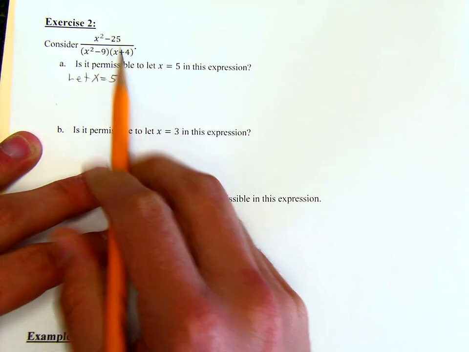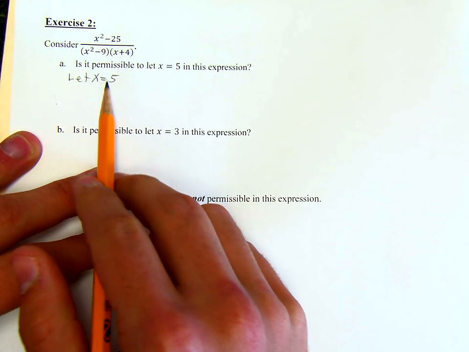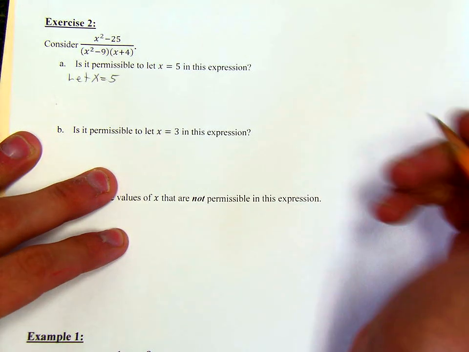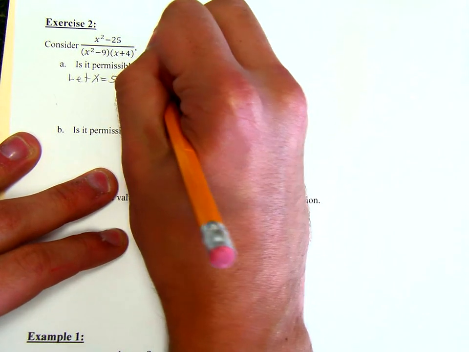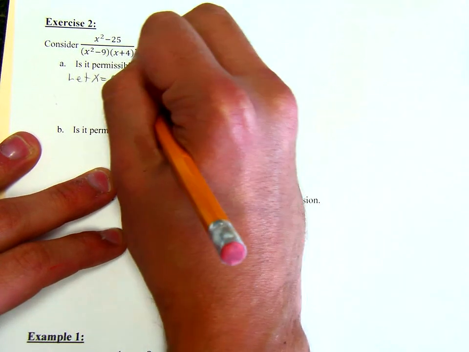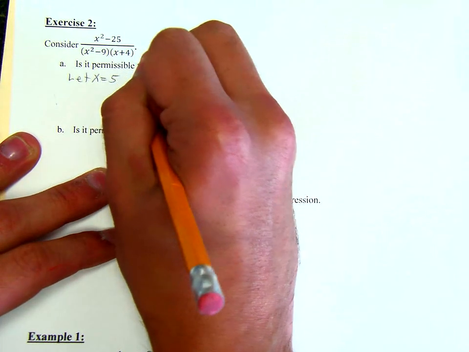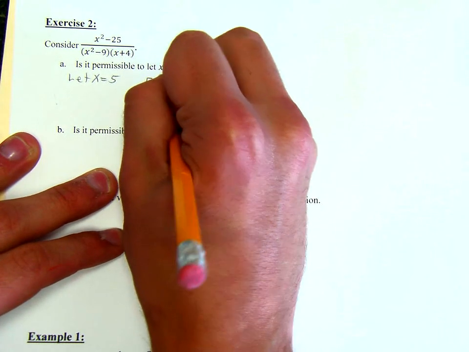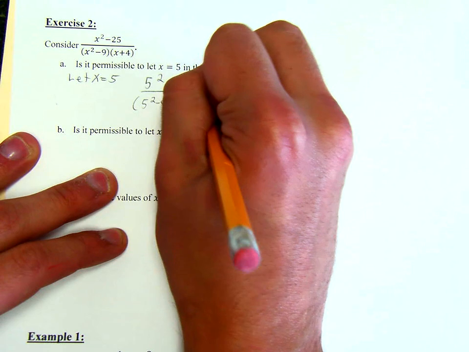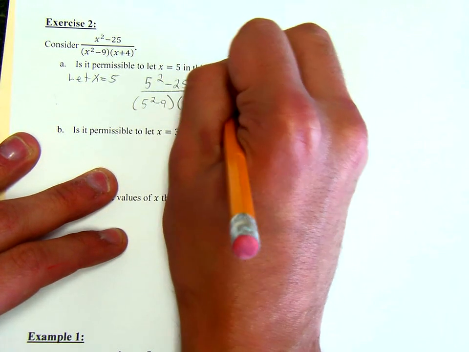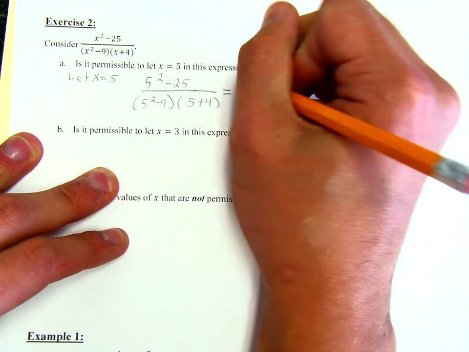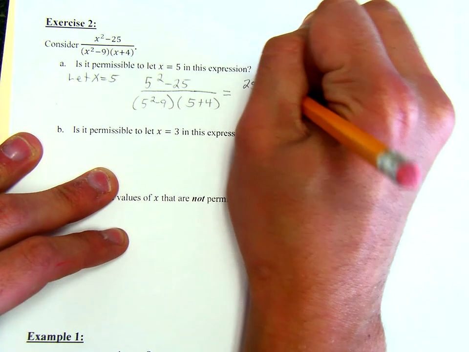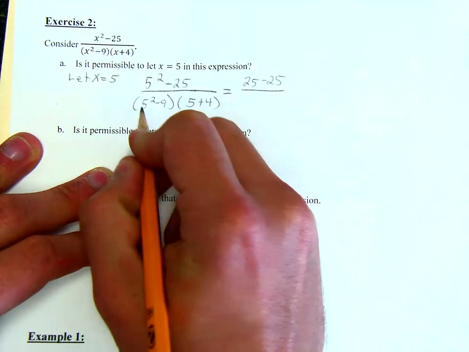So here, we're going to have 5 squared minus 25 divided by 5 squared minus 9 times 5 plus 4. So we have 5 squared, which is 25, minus 25, divided by 5 squared again is 25, minus 9, times 5 plus 4.